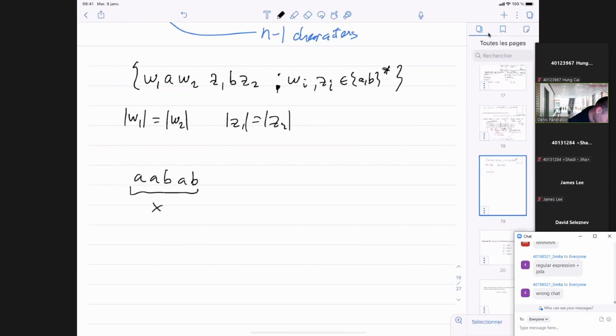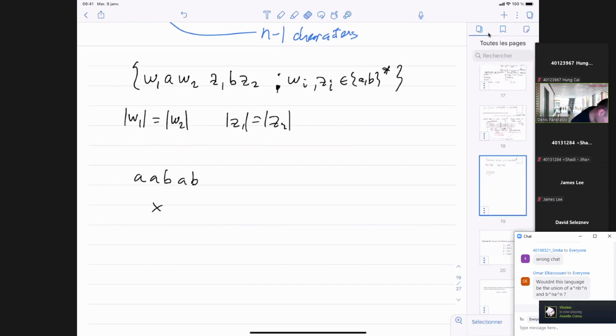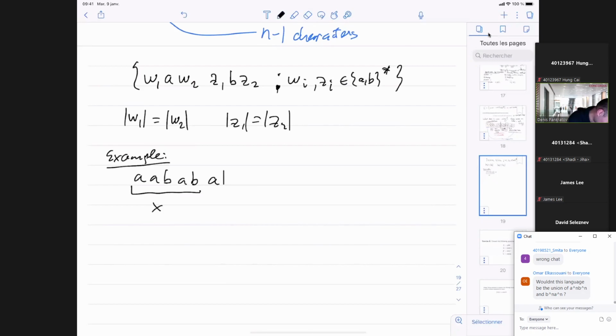Suppose that this is your x. So, example. And your y might be something like this: A, B, A, B. This is your y.